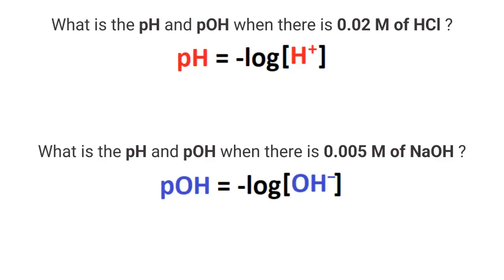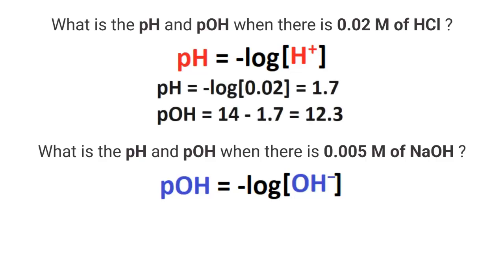So since we know the molarity of HCl, we know the H plus concentration. So we plug it into our formula. So negative log of 0.02, which is our molarity. So we're going to plug that in our calculator and we get 1.7. To get the pOH, we subtract from 14, so 14 minus 1.7 gives us a pOH of 12.3.